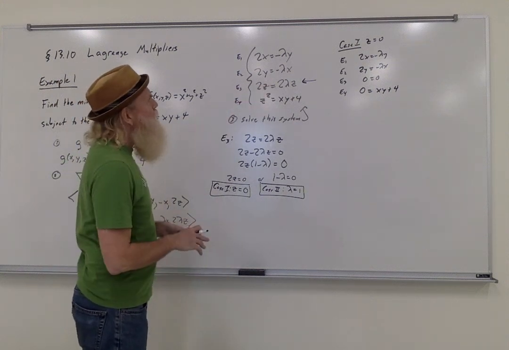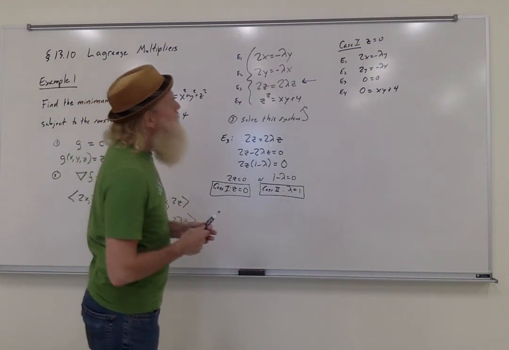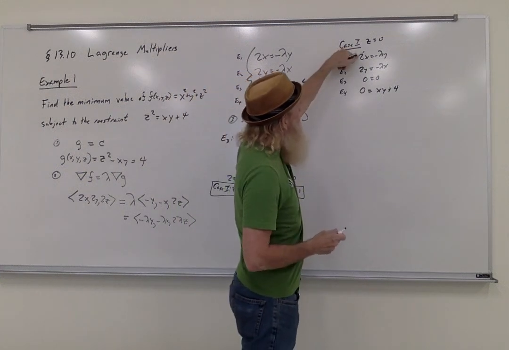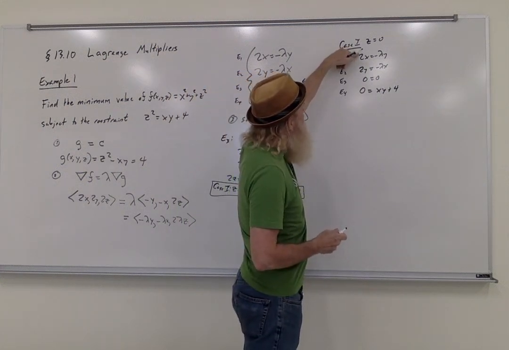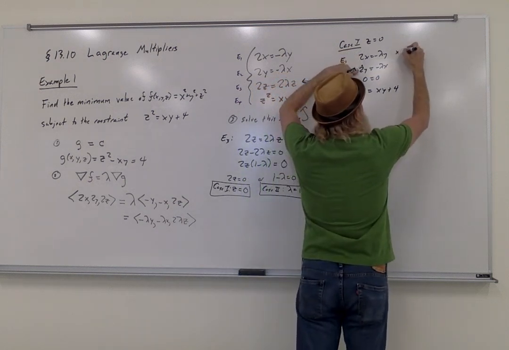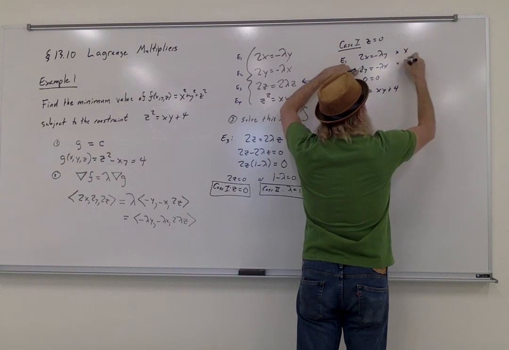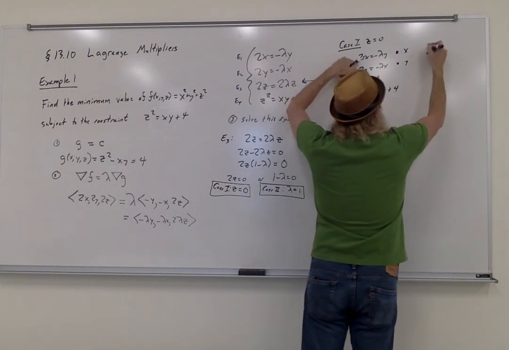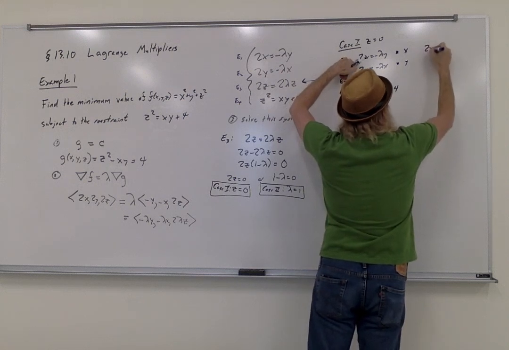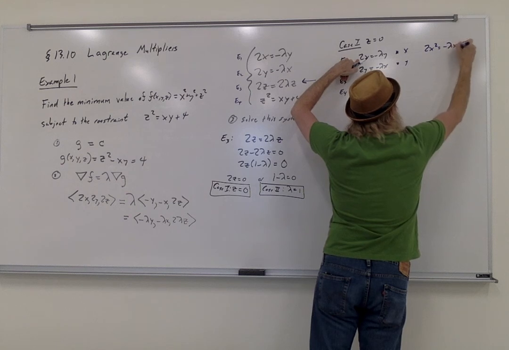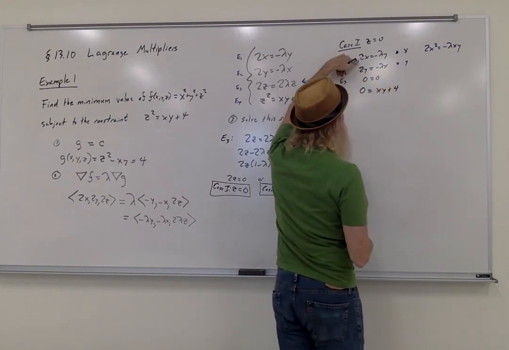Now looking at those top 2 equations, let's see what happens if I multiply the top one by x and the bottom one by y. Equation 1 becomes 2x squared equals negative lambda xy.